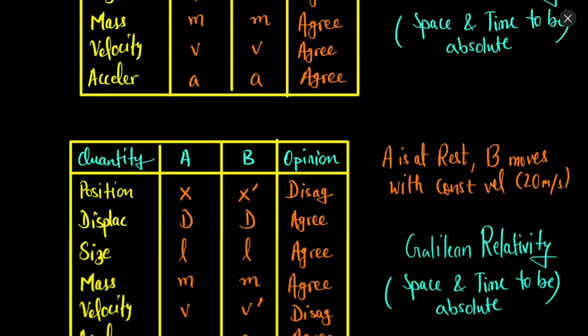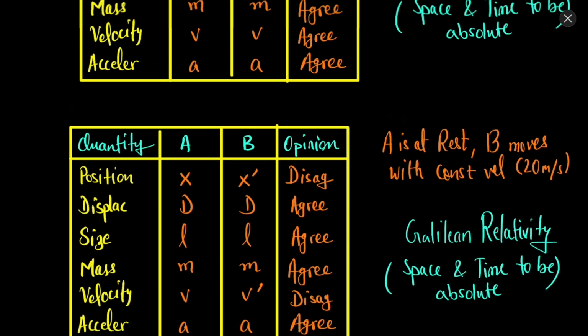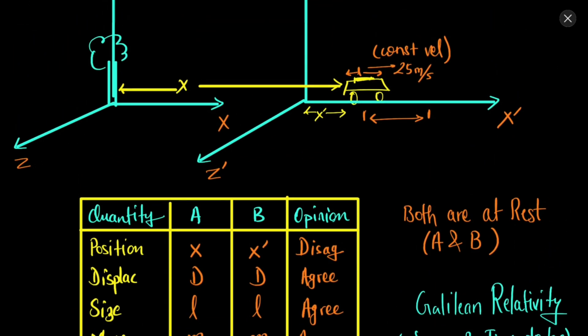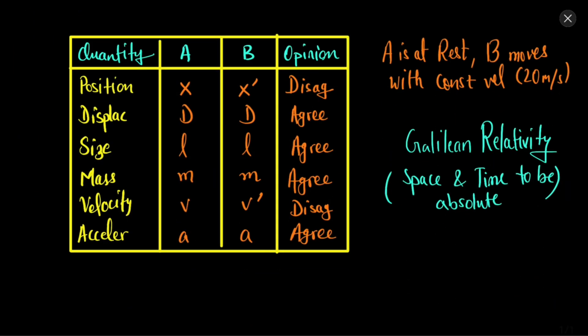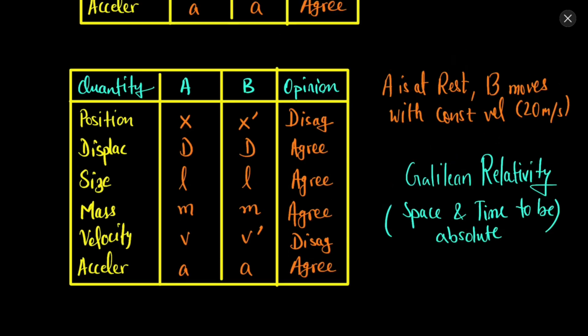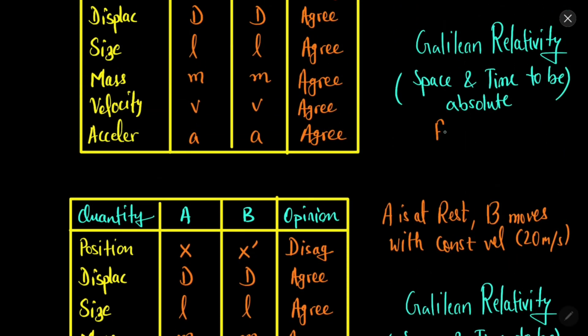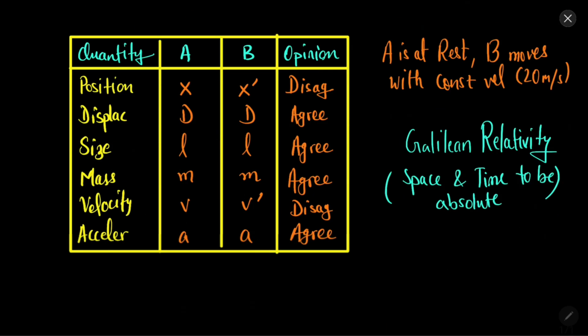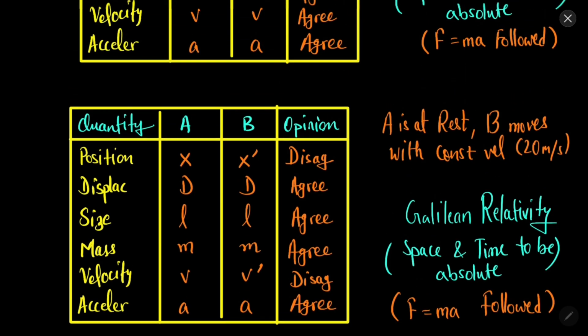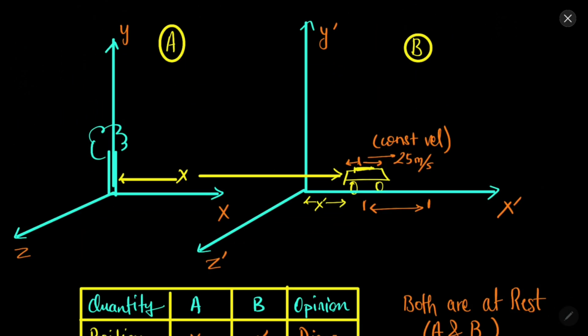Now acceleration will be the same for both, so they will be agreeing on the acceleration. This is a situation which was explained by Galilean transformation or Galilean relativity, in which space and time were considered to be absolute. Obviously F equal to ma will be followed here, and here also F equal to ma will be followed, because the acceleration is uniform, whether 0 or uniform.